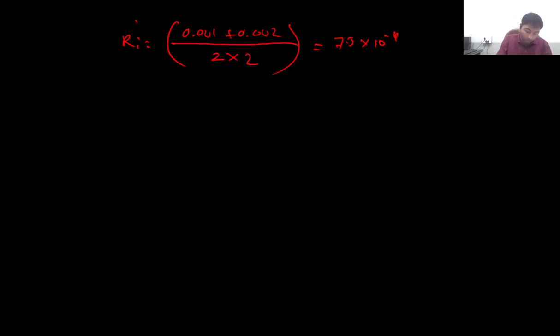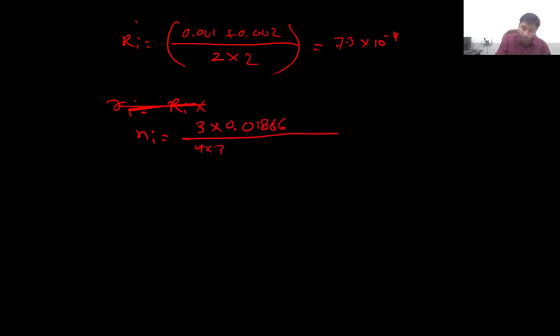From this, we first determine the number of particles. It will be 3 times the value of Mi, that is 0.01866, divided by 4 into pi into 2.67 rho s multiplied by the value of Ri, which is 0.00075 to the power 3.